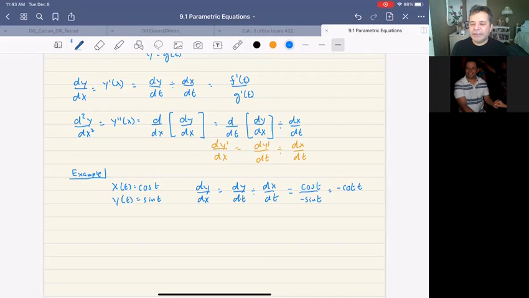Now let's go ahead and do this again. Let's take the second derivative. That's going to be the derivative with respect to t of negative cotangent of t, divided by dx dt. The derivative of cosine is again negative sine.